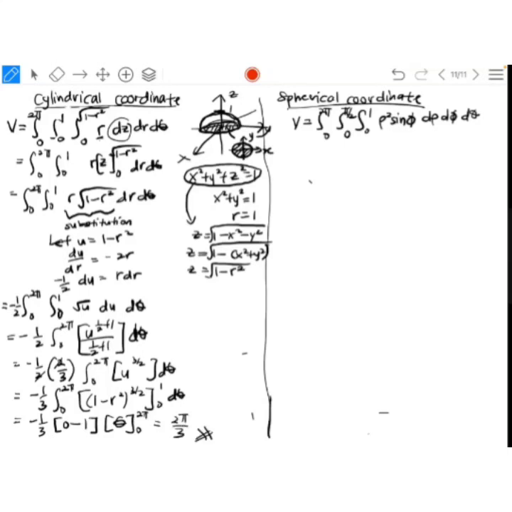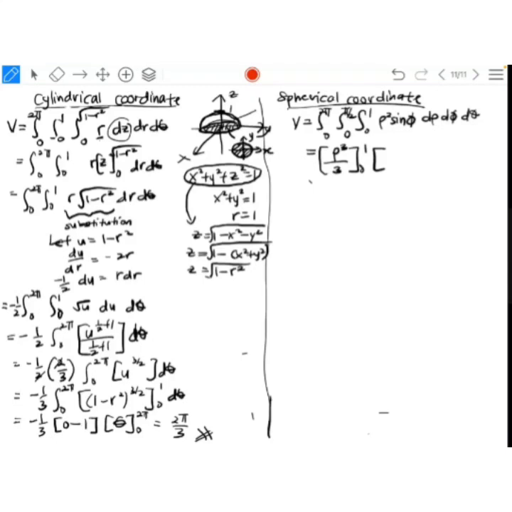Okay, let's solve for the spherical coordinates. Since all the variables are only multiplied with each other, with no addition and no subtraction, we can integrate directly one by one, separately. So rho is from 0 until 1.